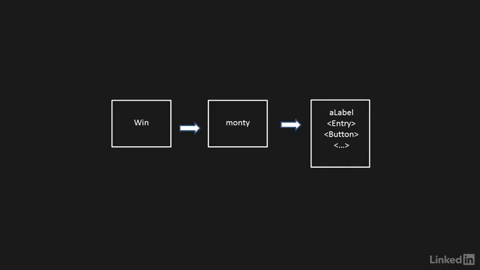In this diagram, win is the variable that references our main GUI tkinter window frame. Monty is the variable that references our label frame and is a child of the main window frame, win. And the label and all other widgets are now placed into the label frame container, Monty.